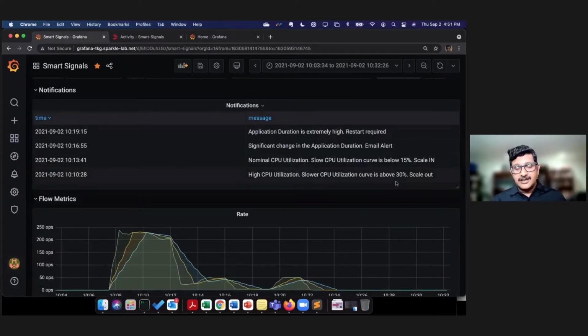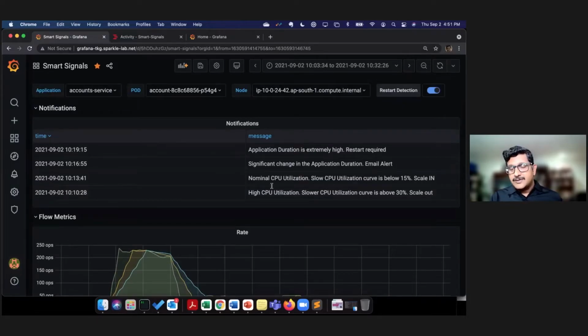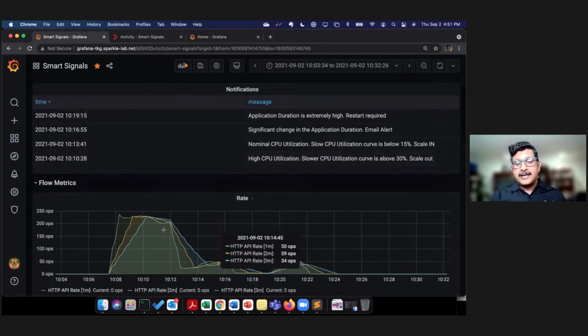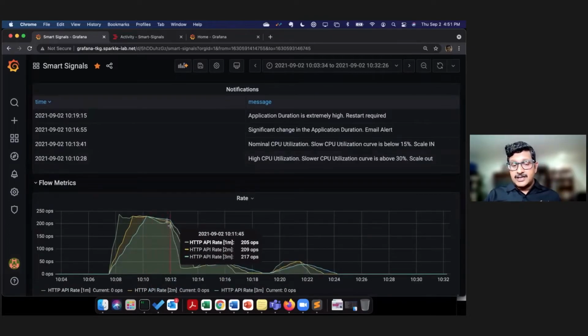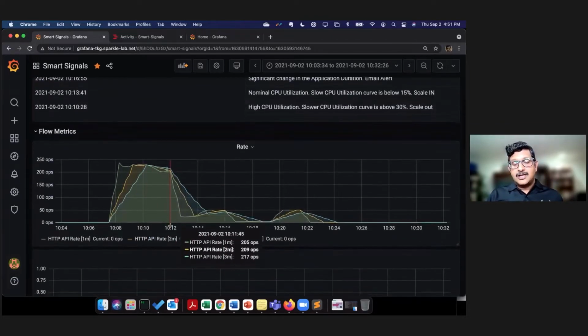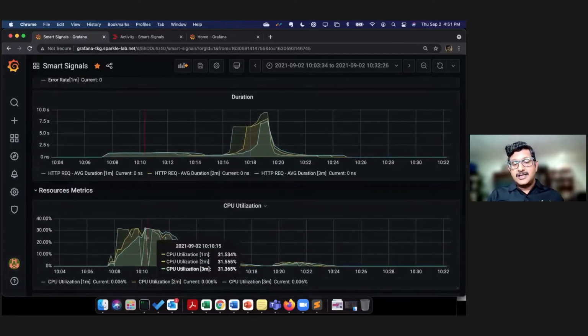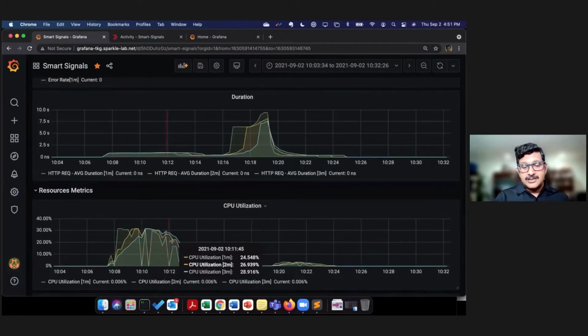In this case, given that it's a Kubernetes cluster, we have the advantage of scale out. So at this time, we scale out the number of pods, here for an account service, to address that. Then the request rate comes down slowly, and the CPU utilization also comes down because now we have one more node to help with the increased load.